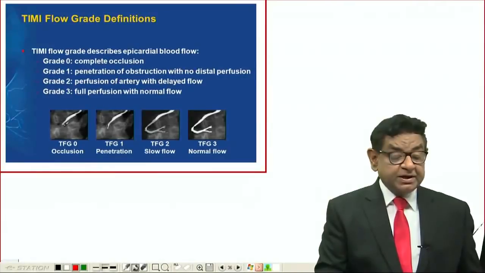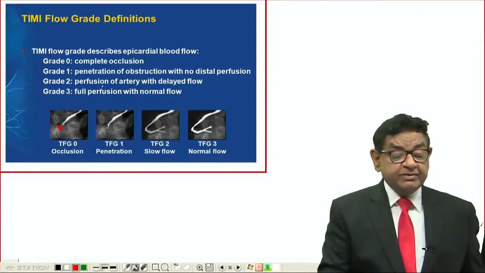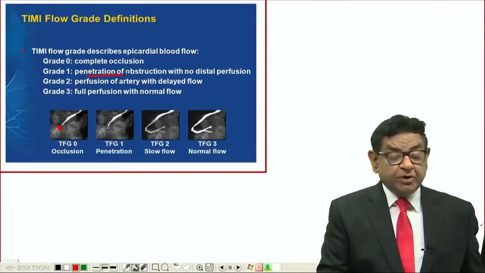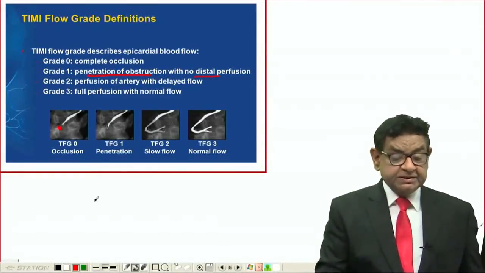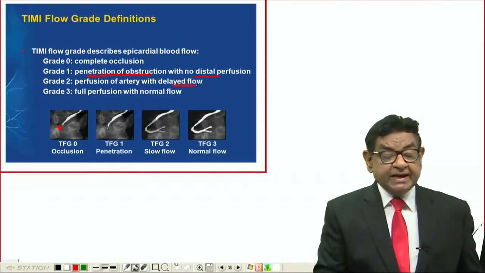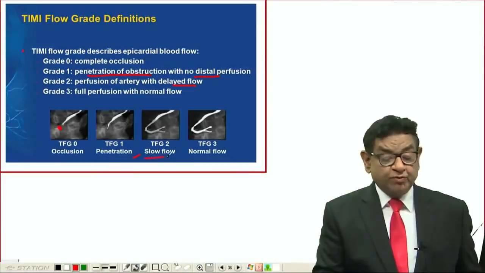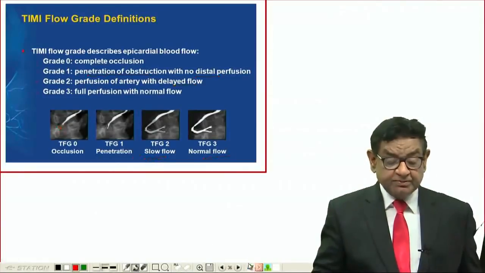We call the artery completely blocked here stage 0. In 1, there is penetration of obstruction with no distal perfusion. Perfusion with slight delay we call 2, slow flow. And normal flow is 3. So this tells us how much obstruction is there.